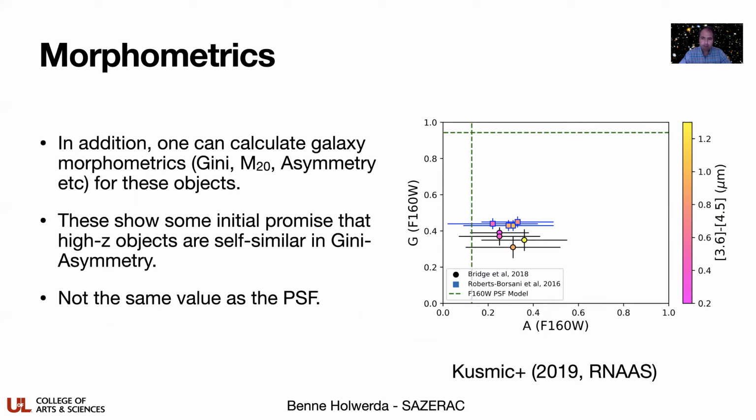These are the bright redshift 8 and higher sources in both CANDELS and in BoRG, and they all seem to be clustered close to the same values of Gini and asymmetry, and they don't seem to be close to what the PSF values are, what we expect for point sources. So that's looking promising, something that we want to explore a little further, but that is a nice research note by Samir. And I think both of these show some promise to be used as priors, as additional information to the photometry when we're searching wide surveys for high redshift sources.